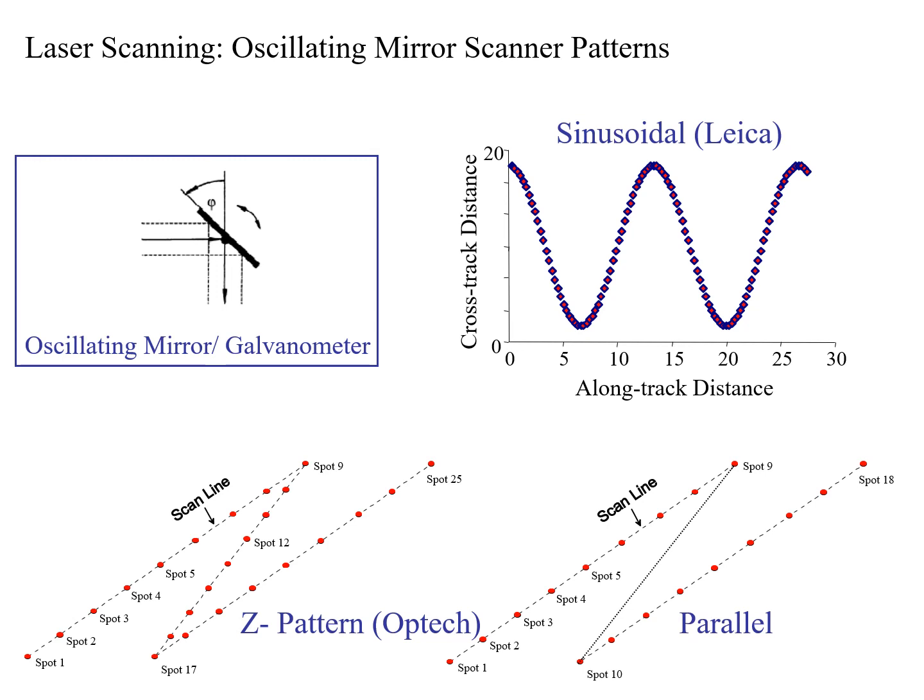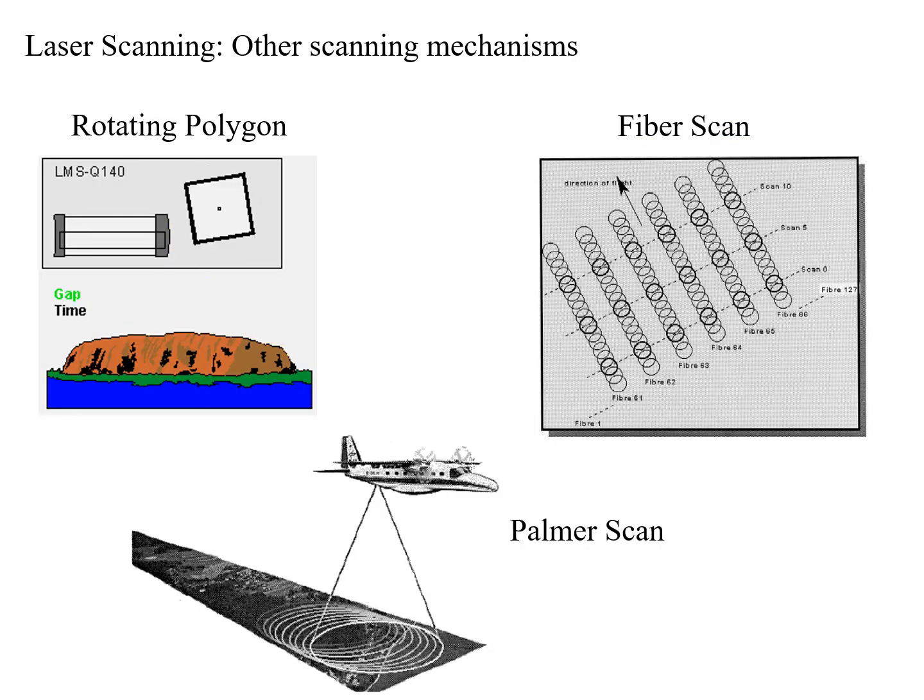You don't use the back motion. And this is a type of scanner I like. This is using a rotating polygon. So that's a mirrored surface on the edge of that polygon, and that's going to give you the parallel observations that we were looking at.